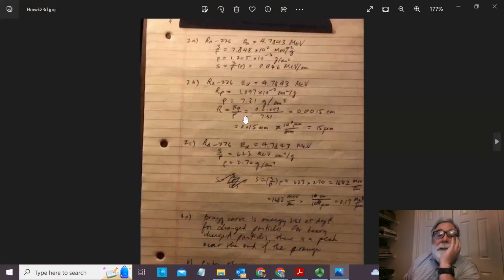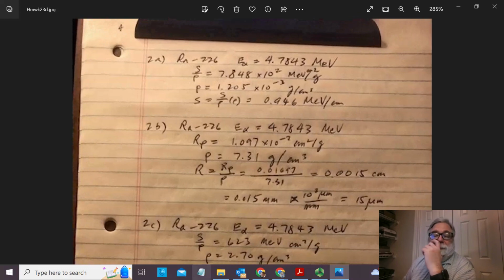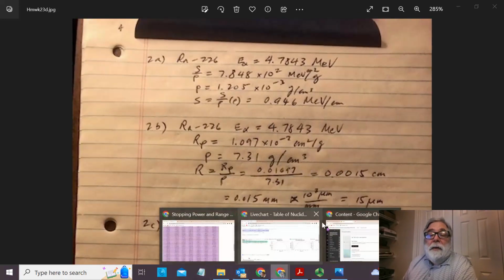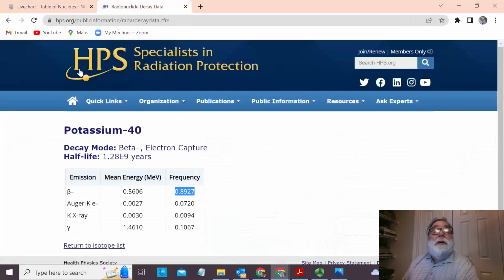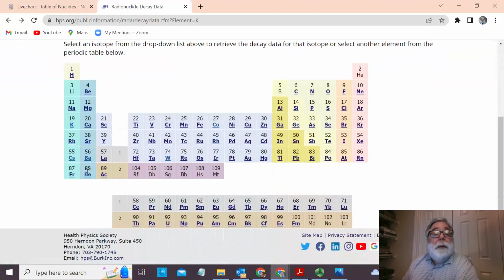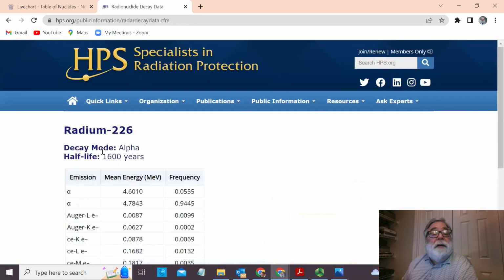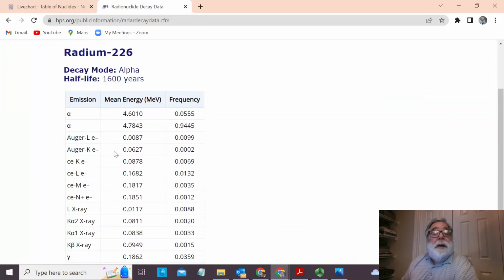Okay, let's go look at radium-226. So first we need to find out what's the energy of the alpha particle coming from radium-226. So let's go back to our decay data. Let's go to radium right here. We were interested in radium-226. It's a 1600-year half-life.